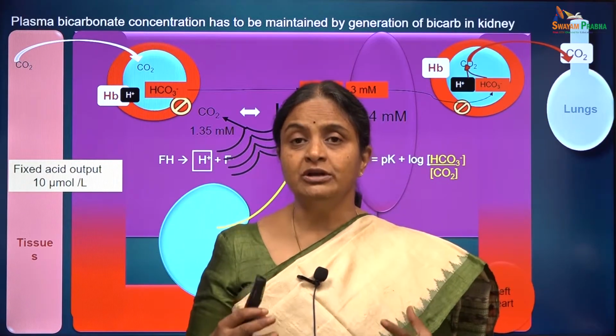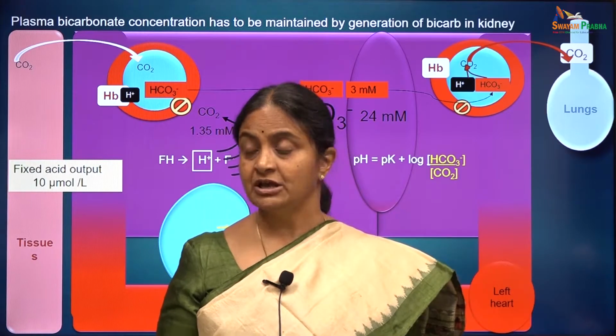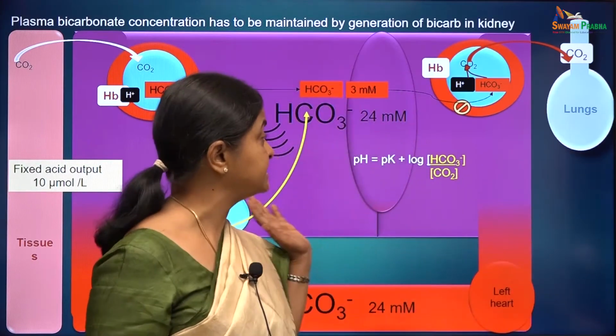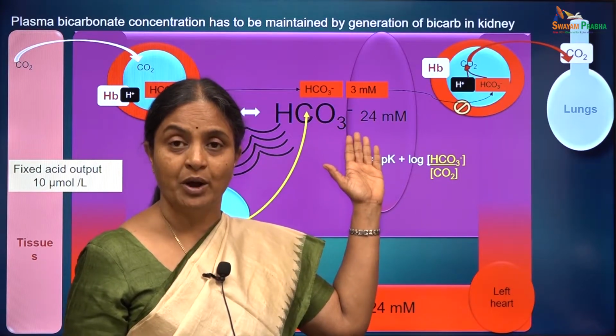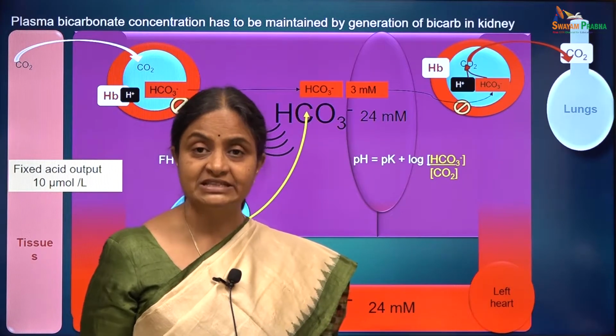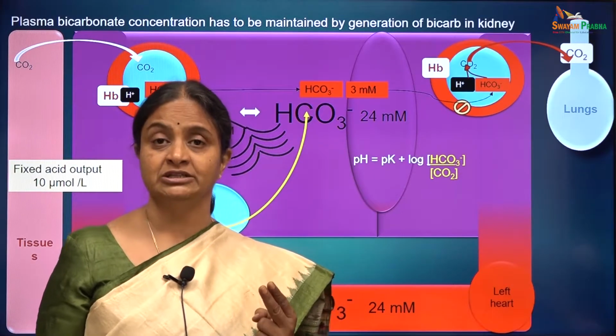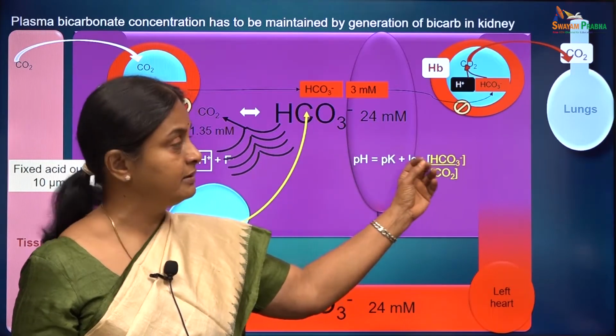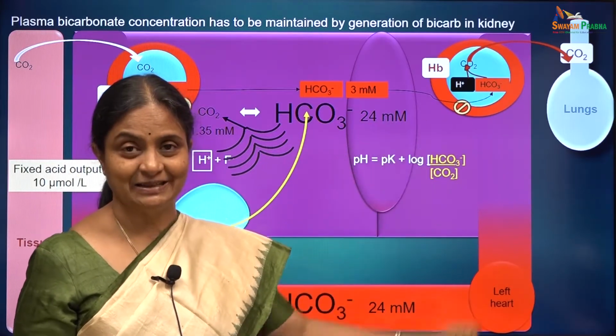But the lungs alone are not enough, because for this process to happen continuously, the kidneys have to keep generating the required bicarbonate. That is why it was said that the fixed acids require two organs for buffering them while they are in blood and then for eliminating them.